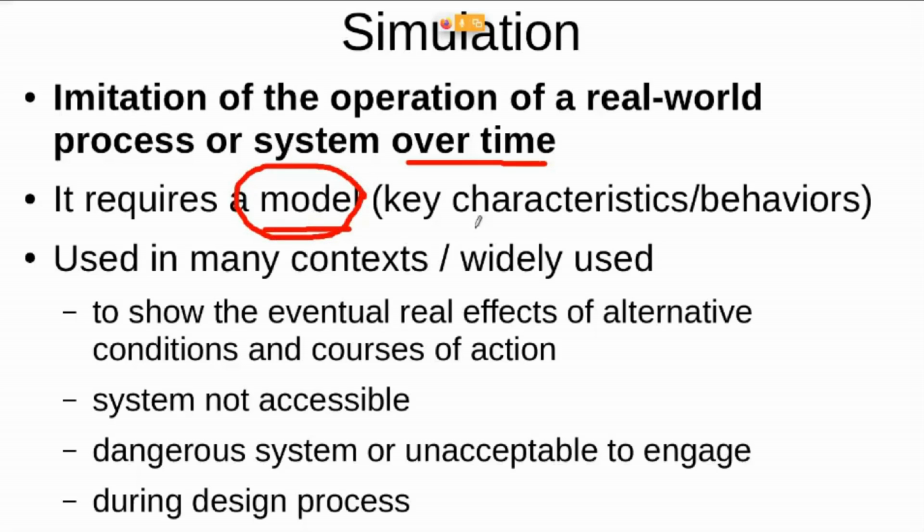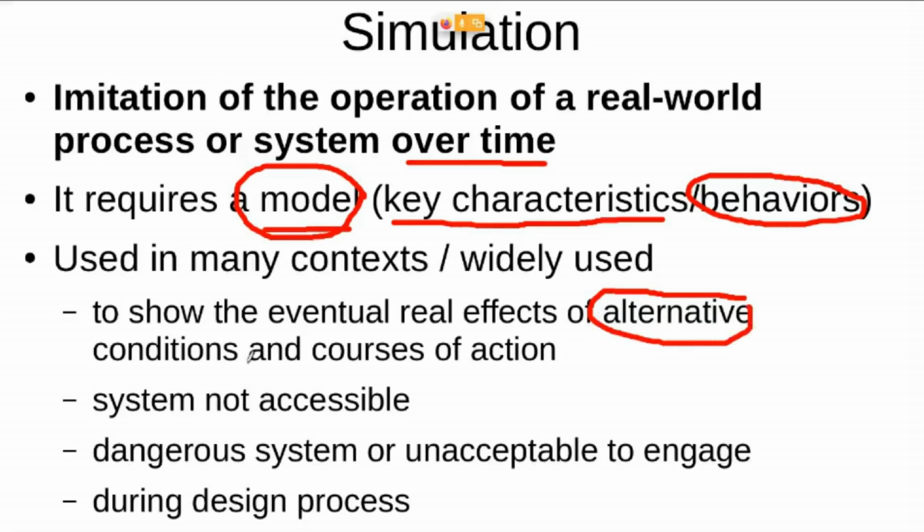This model gathers all the key characteristics or behaviors of our system. Simulation in general is widely used in many contexts to show the eventual real effects of alternative conditions and courses of action. That's very important. Alternative conditions.